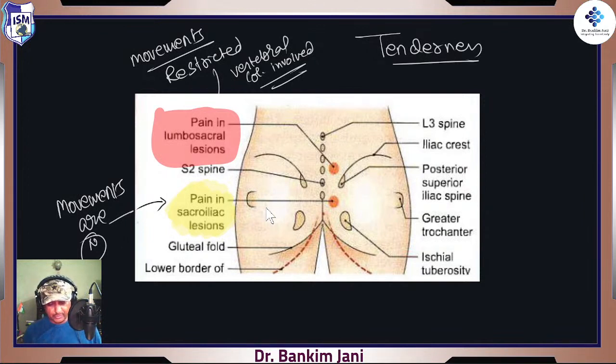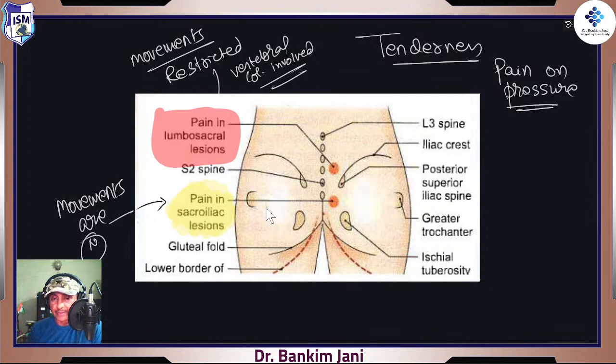And tenderness means pain on pressure. When you apply pressure, the patient tells that yes, there is pain. Otherwise, if it is just a simple pain, the person is feeling the pain by himself. Tenderness is when you touch and you find that yes, it is a painful spot.